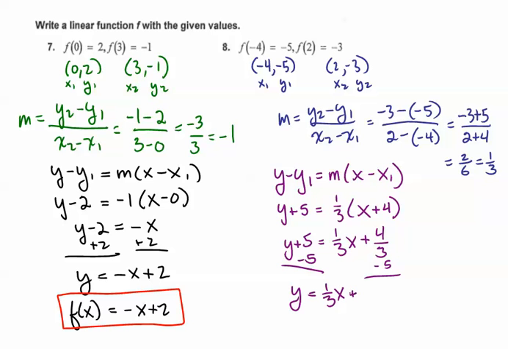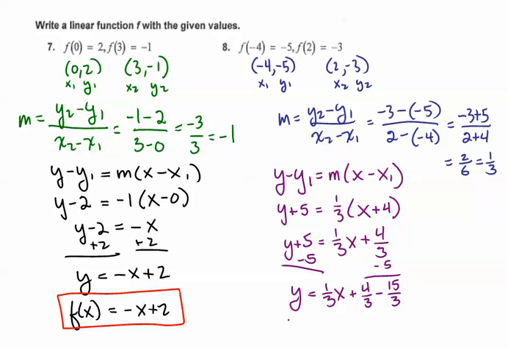So what we really need to do is write 5 in terms of thirds. So that's really 15 over 3 for the minus 5. And 4 minus 15 turns out to be negative 11 over 3.